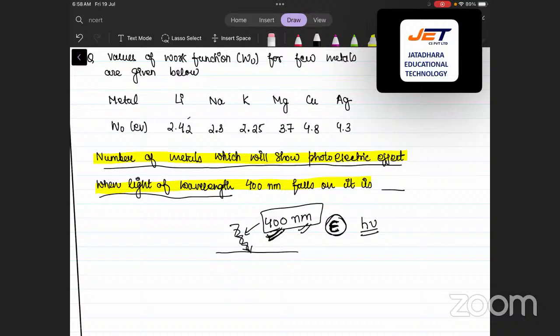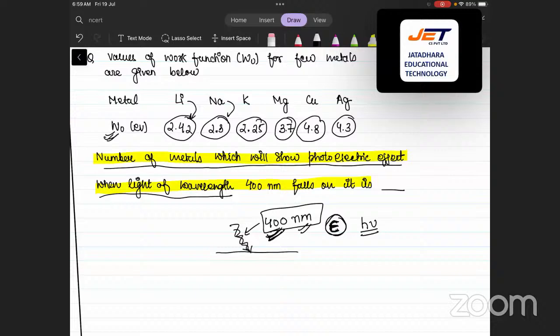Now I have the work function. How do we define the work function? We define it as the minimum energy required for the ejection of electrons. So lithium requires this much energy, sodium requires this much energy, and so on for other metals.